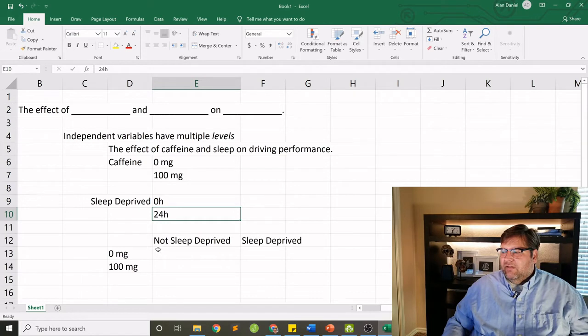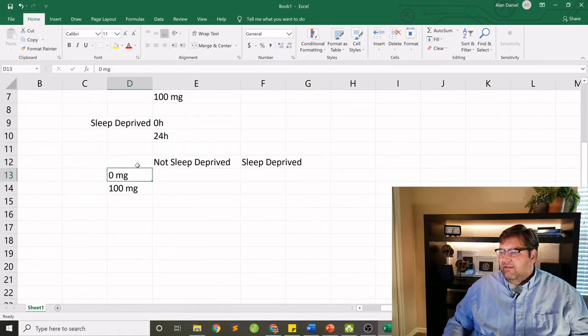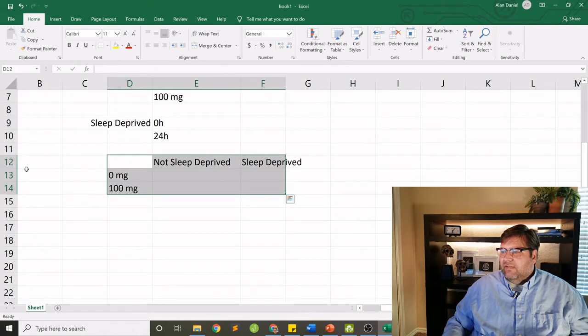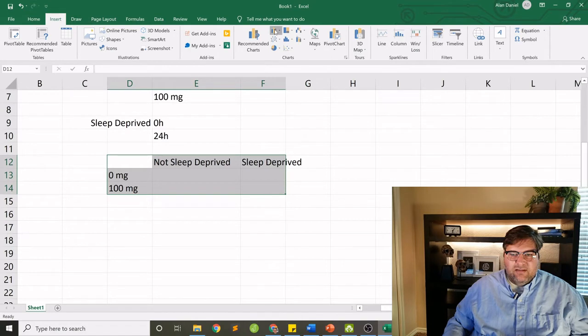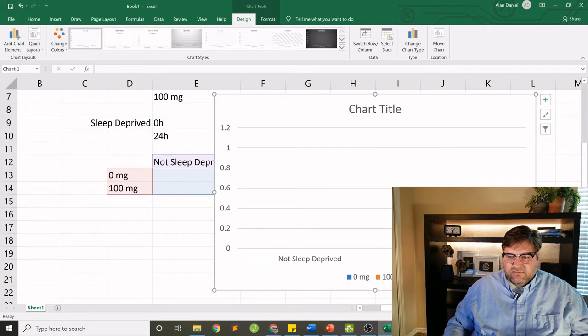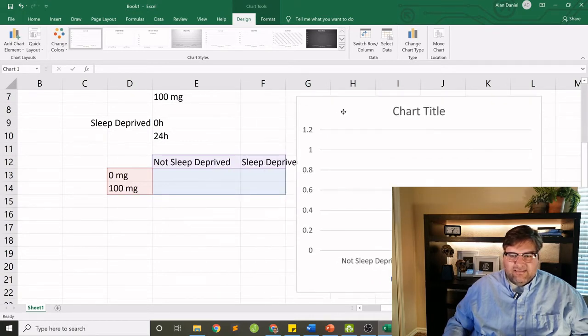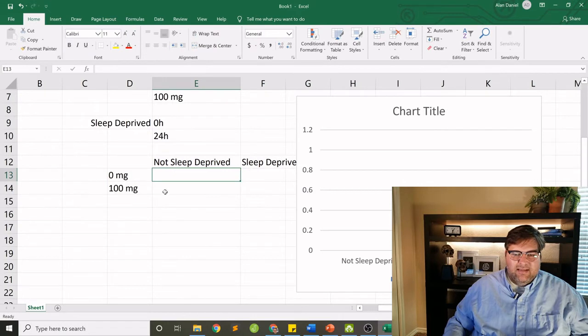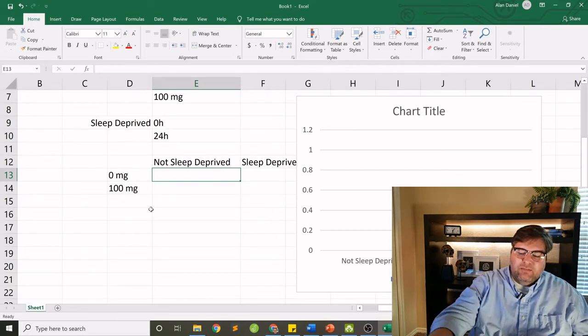So let me show you an example of what this might look like in graphic form. I've got just this simple little graph I'm going to make. I'm going to insert a little bar graph here, and I'm just going to put in some numbers: average breaking latencies. Let's say if they're not sleep deprived and they don't have any caffeine, we're going to put their breaking latency at, let's say, 523 milliseconds.